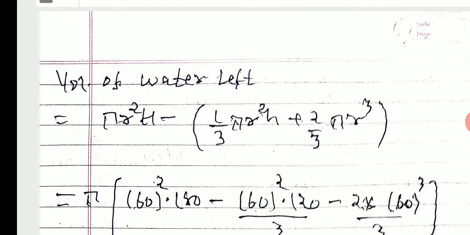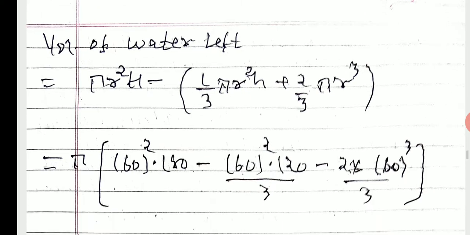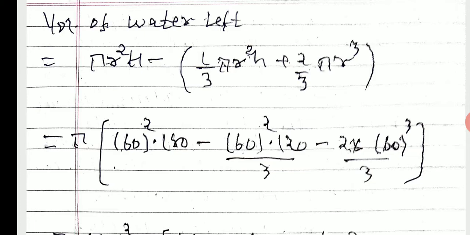Now, volume of water left equals pi r square H minus bracket 1/3 pi r square h plus 2/3 pi r cube. Now, putting the value of r, capital H and small h, we will get pi into 60 square into 180 minus 60 square into 120 upon 3 minus 2 into 60 cube upon 3.